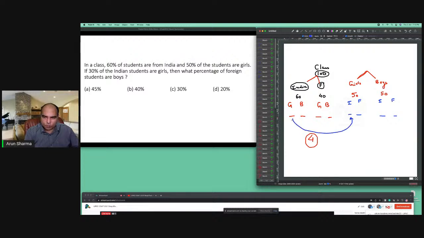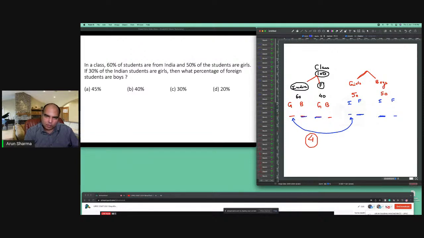You have to understand that these two numbers will be same because this number here is talking about Indian girls. This number here is talking about girls who are Indians. They are the same, whether you look at it from this angle or that angle. Likewise, foreign girls here and foreign girls here are same. They're equal. Likewise, Indian boys here and Indian boys here will be equal.